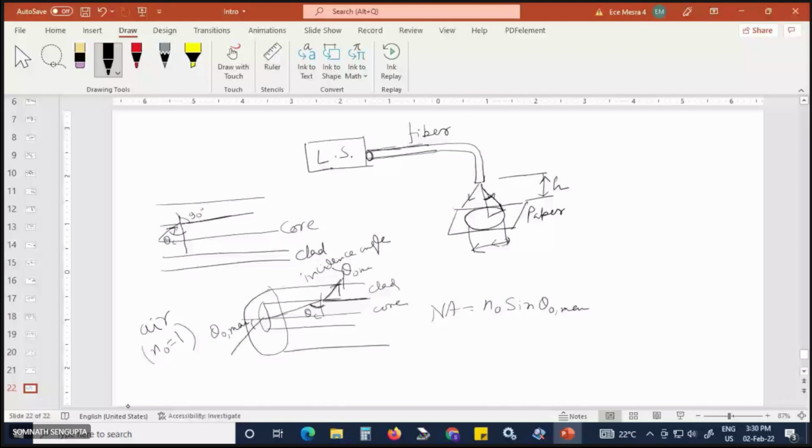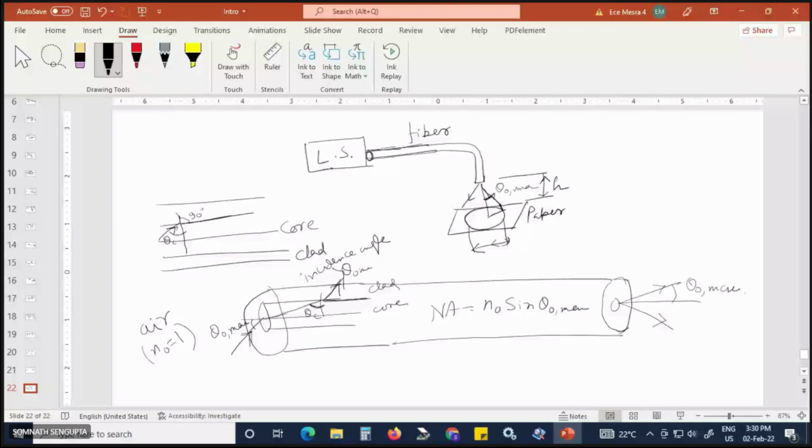Light is going in the fiber, but at the same time, with the same angle, light comes out. That is theta 0 max, the same angle. Light retraces its own path. So this theta 0 max is nothing but this theta 0 max.